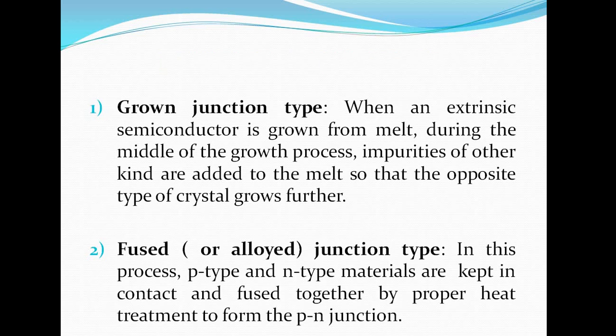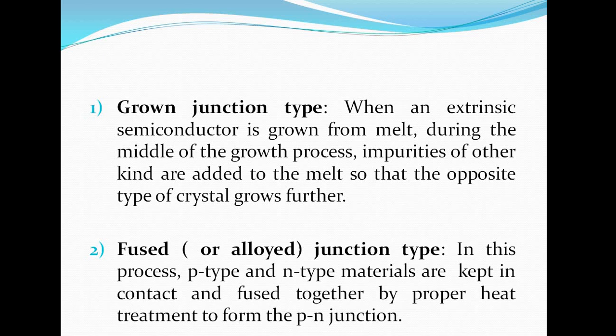The first one is the grown junction type. When an extrinsic semiconductor is grown from melt, during the middle of the growth process, impurities of the other kind are added to the melt so that the opposite type of crystal grows further. For example, say we take a P type semiconductor and melt it.